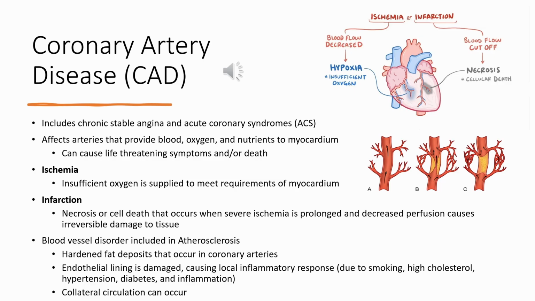Fortunately, the body has a backup plan. Over time, it can develop what's called collateral circulation, meaning new blood vessels form around the blocked artery to maintain some level of perfusion. However, this process takes time, so in cases of sudden or severe blockage, the heart may not have enough time to compensate, which leads to life-threatening consequences.